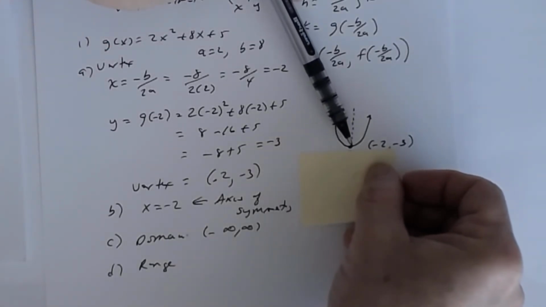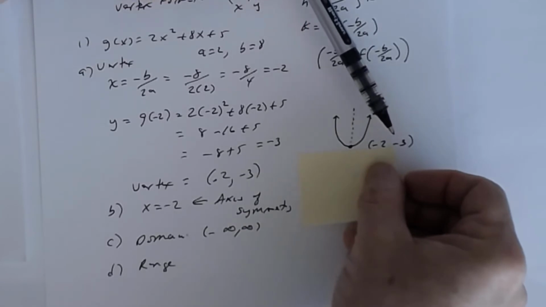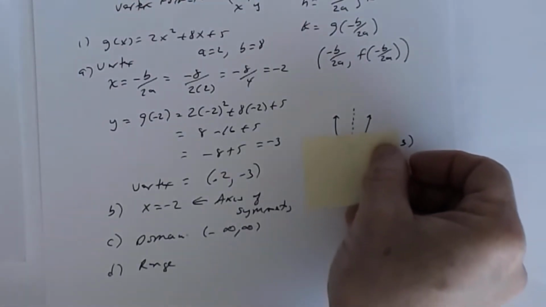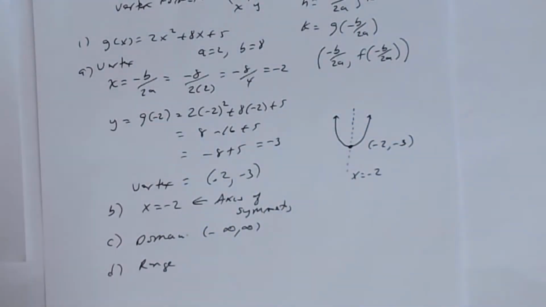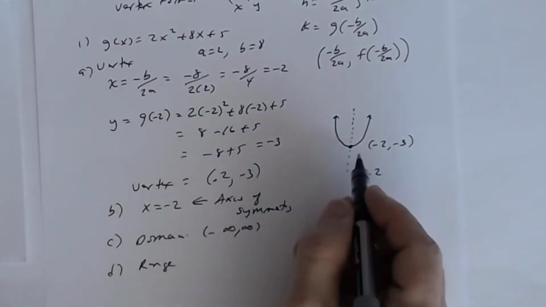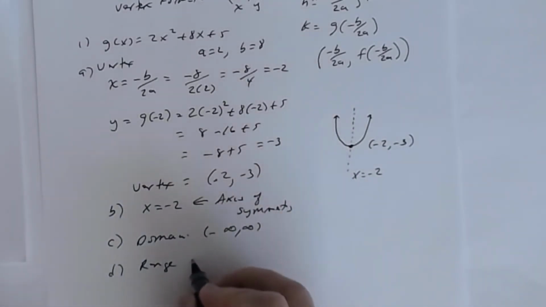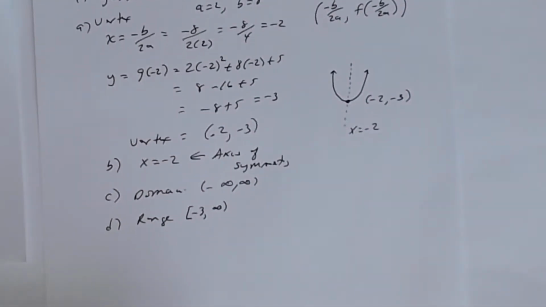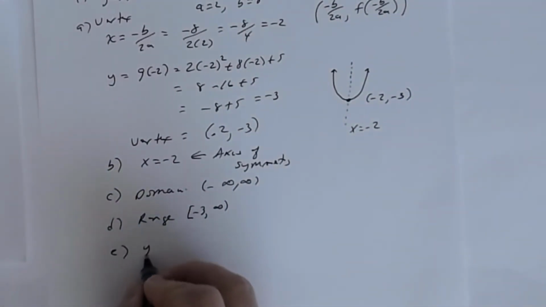The range is a set of y-coordinates, so you look at this y-coordinate right here. That y-coordinate is -3. So you go from -3 all the way to infinity. So bracket -3, because this is a closed circle right here, so that point is on the graph. So bracket -3 to infinity. So that's your range.